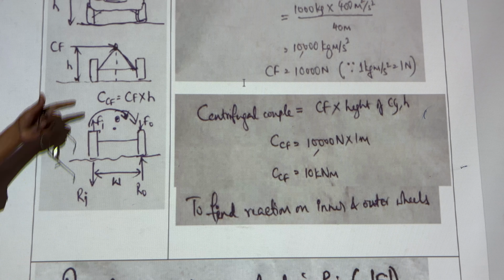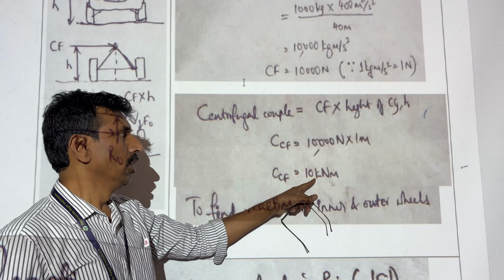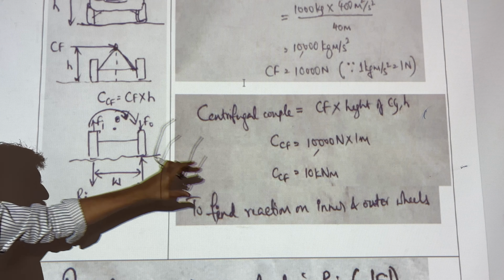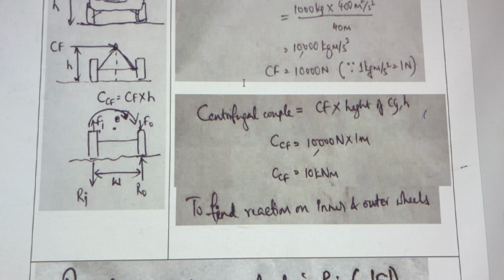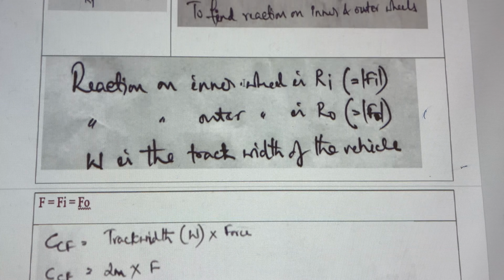Since the height of the center of gravity is 1 meter, you get the couple which is equal to 10 kilonewton meter. That is the couple acting on the car, which is trying to topple the car.